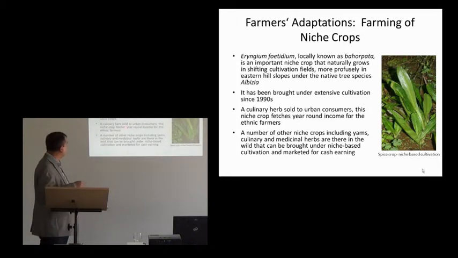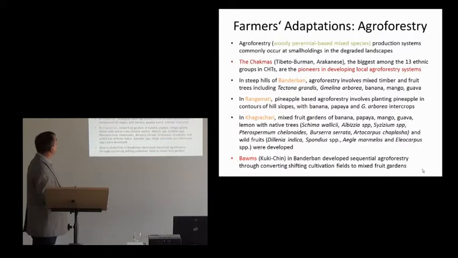But other than this niche crop, there are possibilities for yams and other culinary and medicinal herbs to be brought under niche-based cultivation, through which farmers can earn a lot of money.